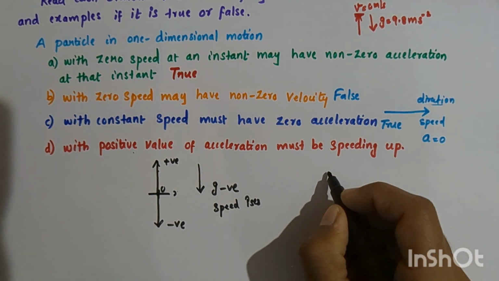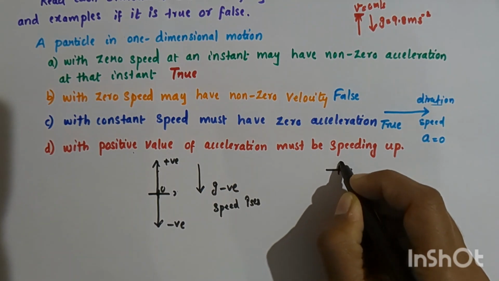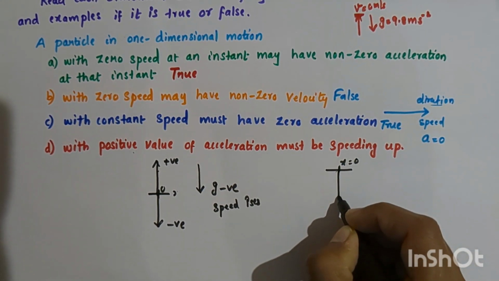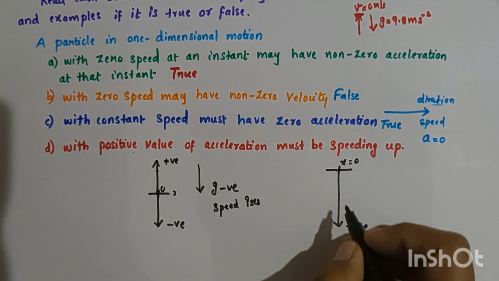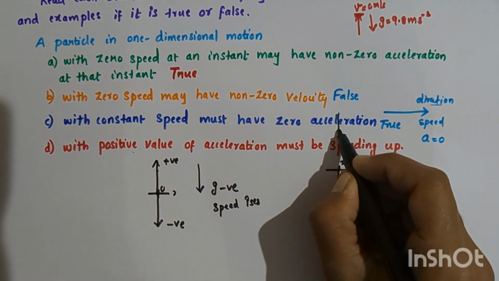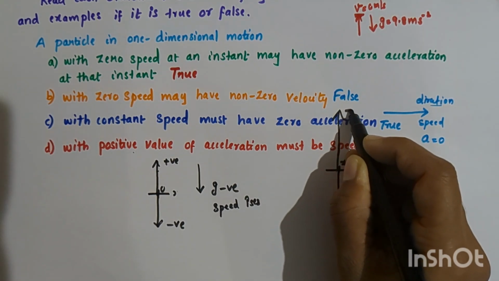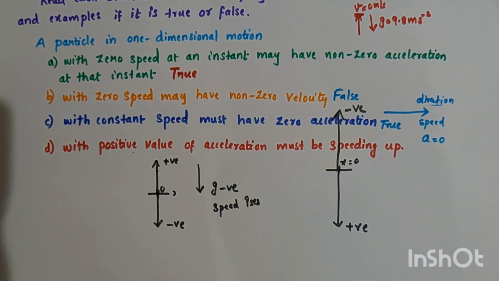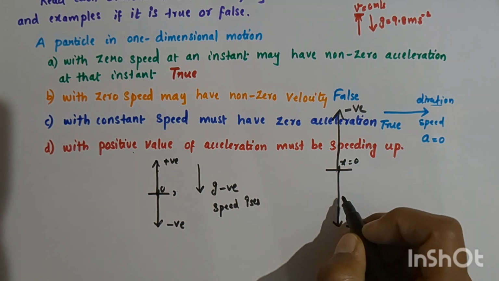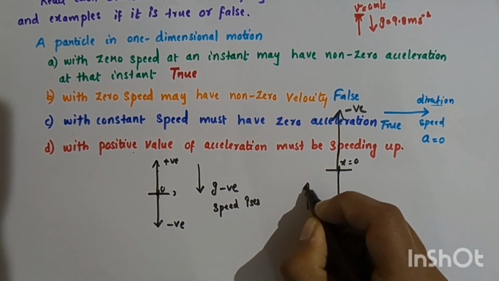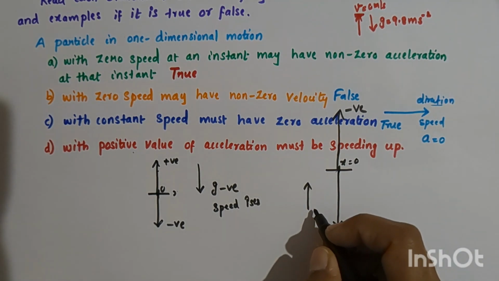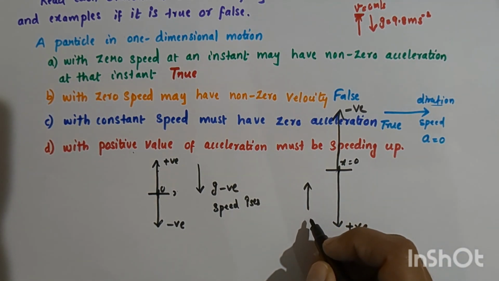That is, if you consider this point as x equals 0 and the vertically downward direction as positive, and vertically upward direction as negative. Suppose you consider a particle moving in the upward direction in one-dimensional motion, thrown upward in free fall.